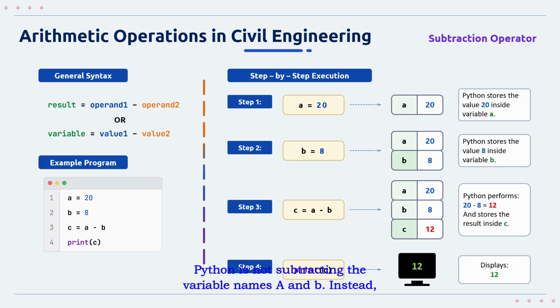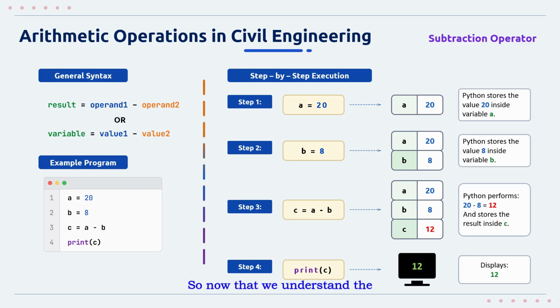Python is not subtracting the variable names a and b. Instead, it retrieves the values stored inside these variables, that is 20 and 8, and performs the subtraction on those values. So remember one thing, variables simply store data. Python always performs operations on the values stored inside those variables.